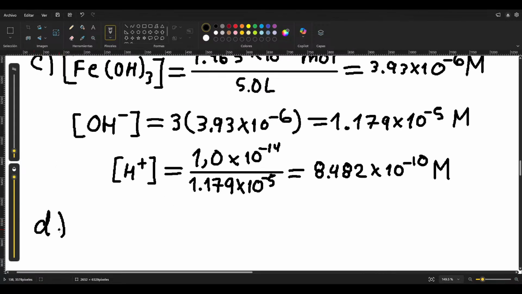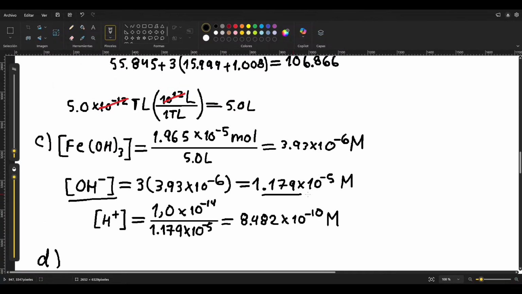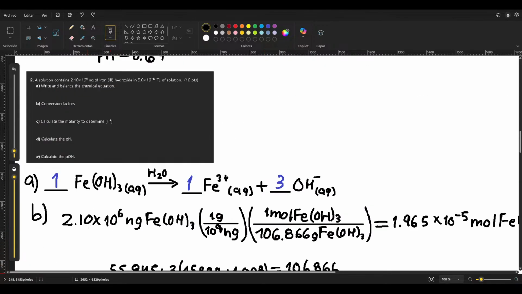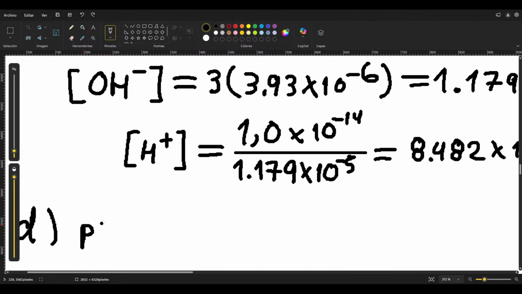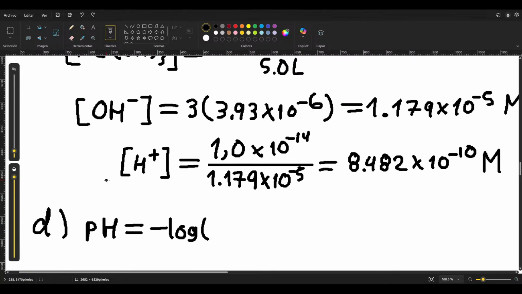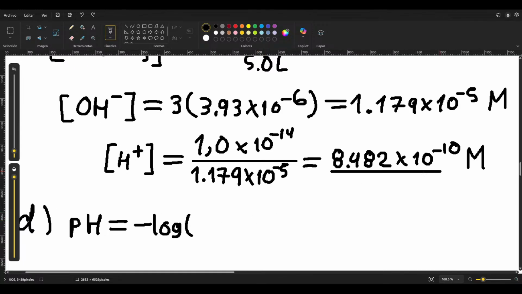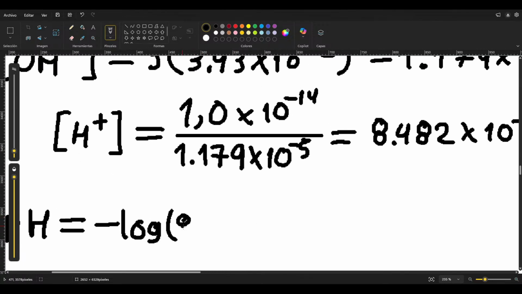Okay, so now we have both concentrations, so we can calculate both pOH and pH. The pH is going to be minus log of the concentration of hydroxide ions. I mean hydrogen ions, specifically.